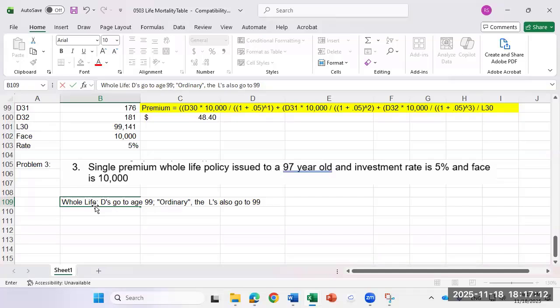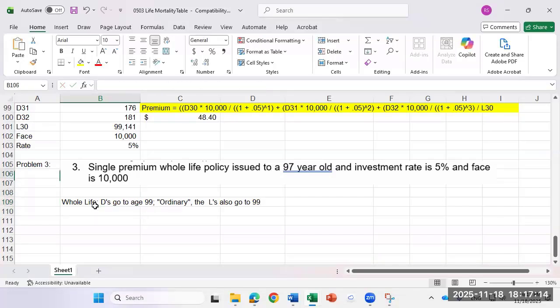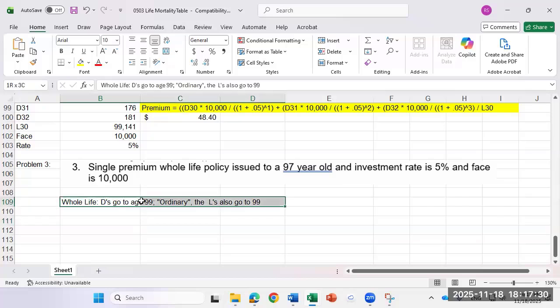In this case, it's not an ordinary whole life, it's a single premium whole life. If it's single premium, there'll only be one L. So don't come up to me in an exam and ask, how many premium payments are there? If it says ordinary whole life, there will be until you run out of L's.